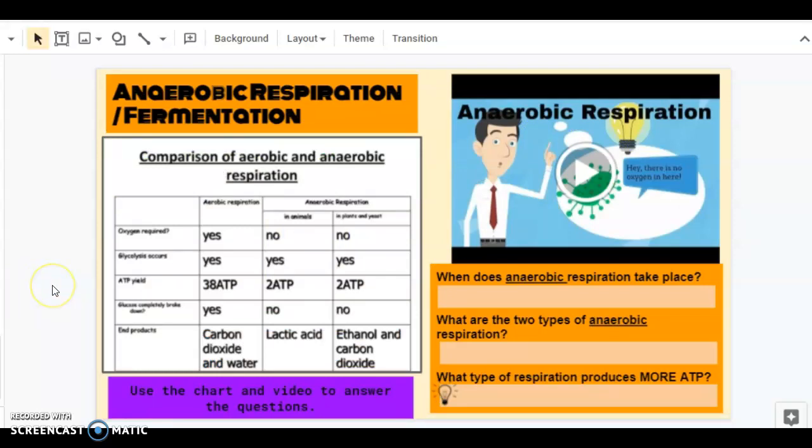What happens, though, when oxygen is not available? That's not good for respiration. Remember, respiration needs oxygen to combine with the glucose as it breaks and remakes bonds in order to create the ATP.